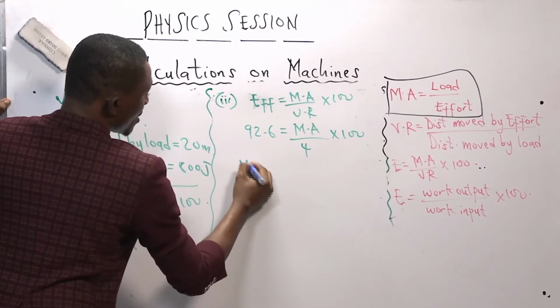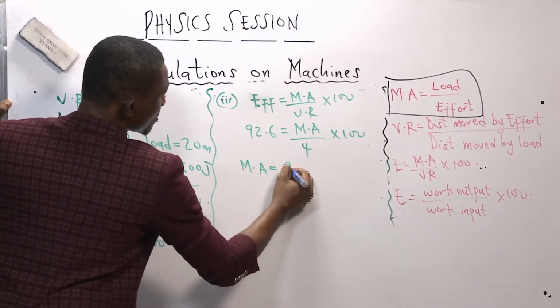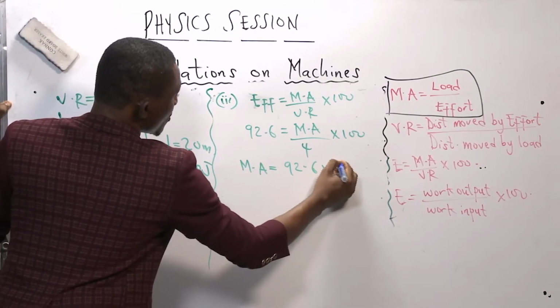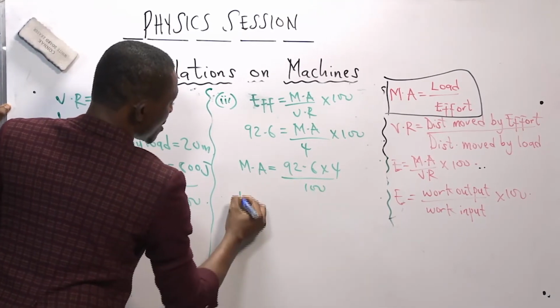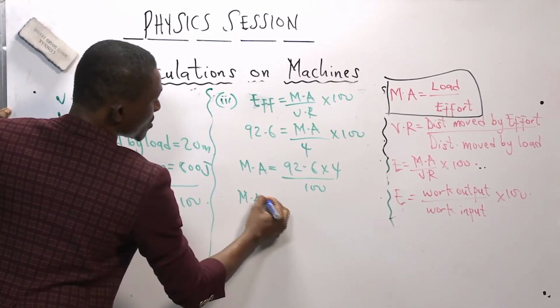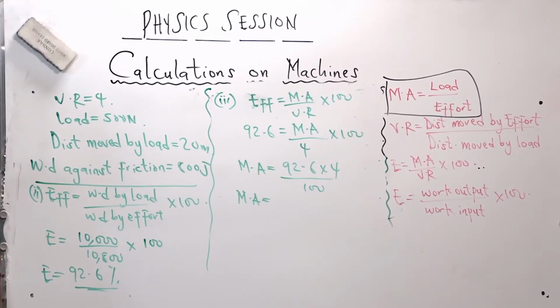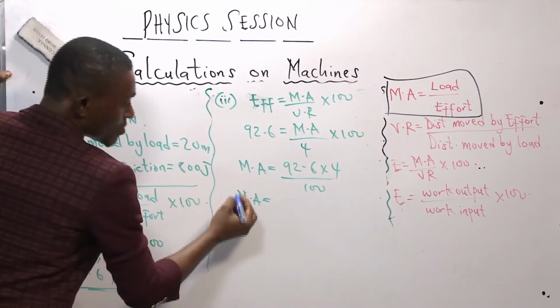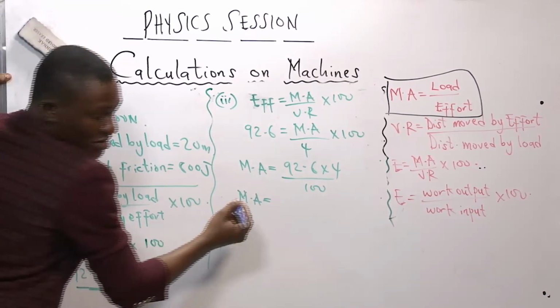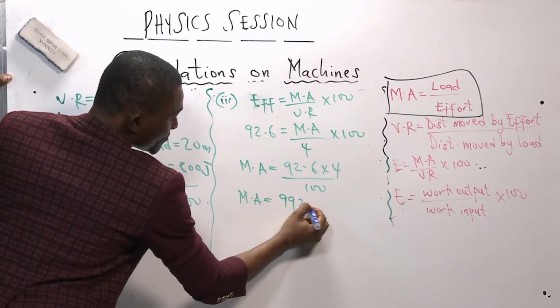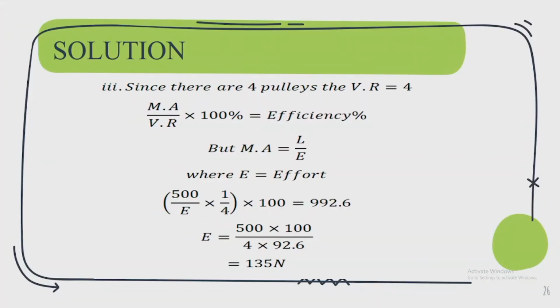So our MA would be equal to, if we cross multiply, 92.6 times 4 over 100. And our MA is given as 3.7.